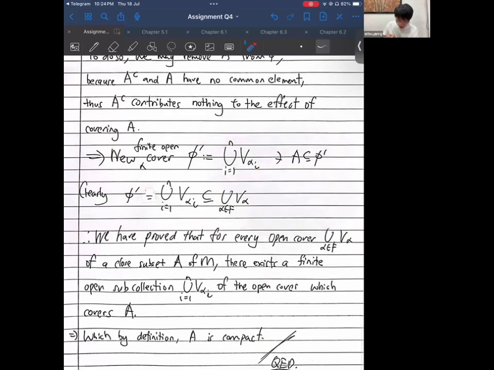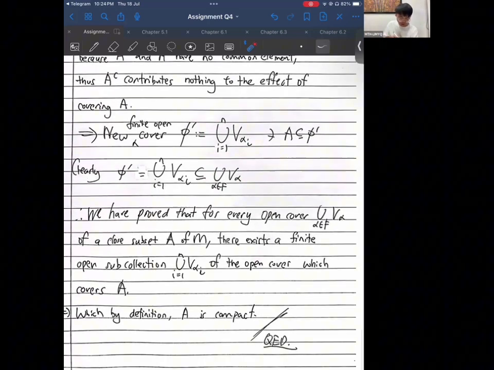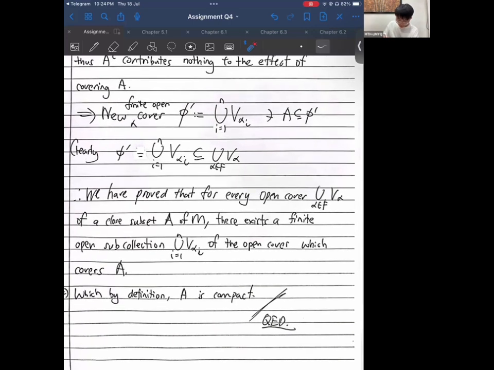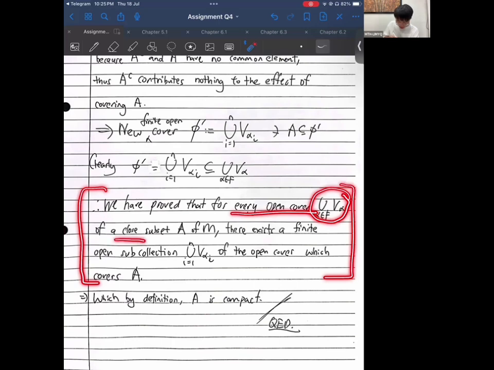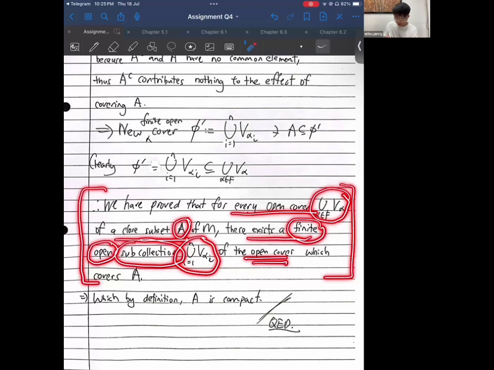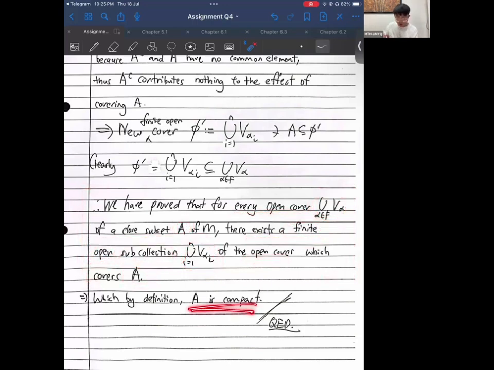So we have proved what we want to prove: for every open cover of a closed subset A, there exists a finite open subcollection which is also an open subcover of A. By definition, A is compact. And here we have done the proof.